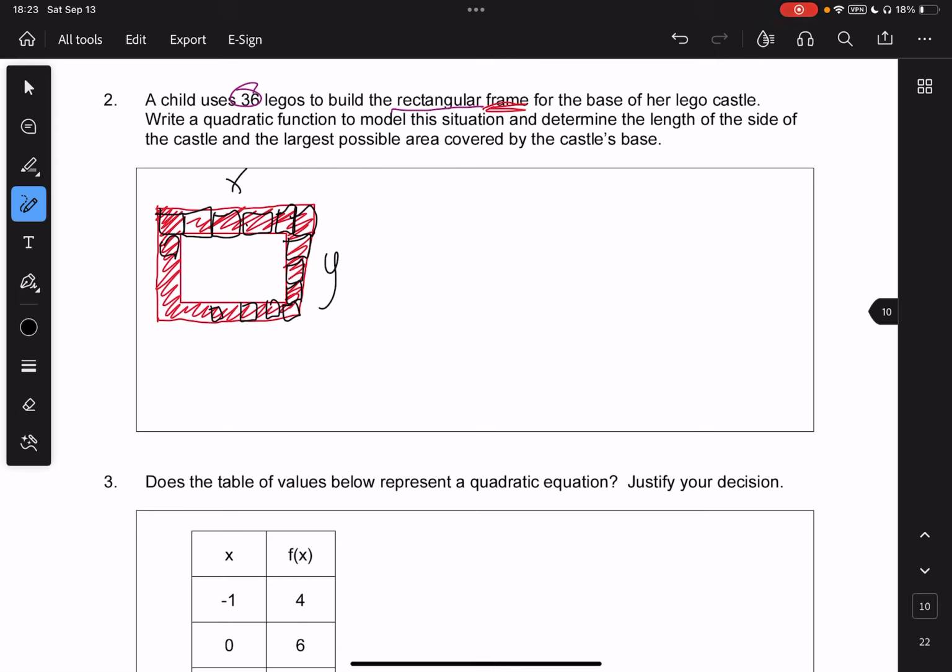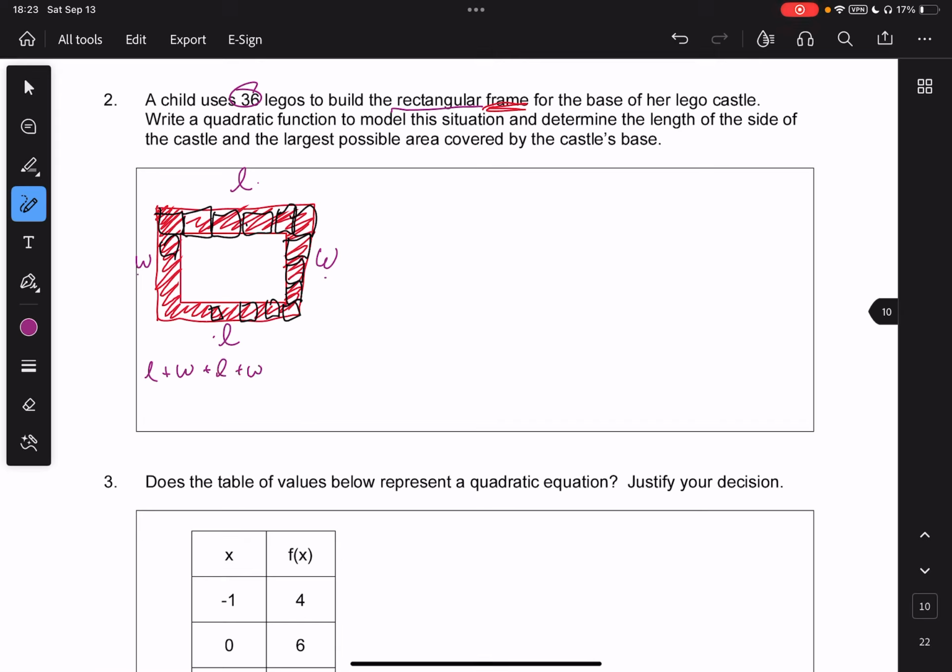So we can use X and Y, or we can use length times width. Let's stick with length and width. If we're trying to find the perimeter, we do length plus width plus length plus width.